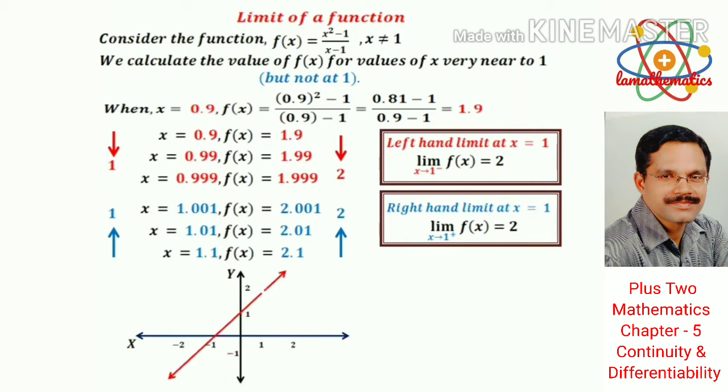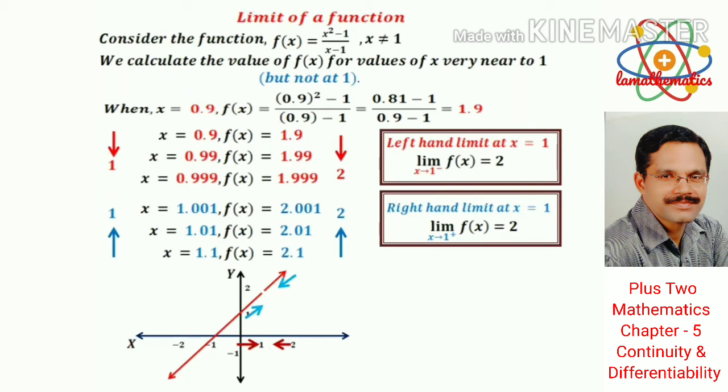Here we note at x equal to 1, the graph does not exist, or there is a break at point 1, 2. The variable x approaches 1 from the left side of 1 and from the right side of 1. The value of f of x approaches 2.